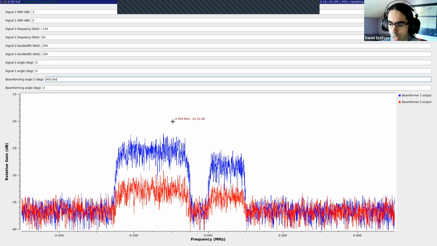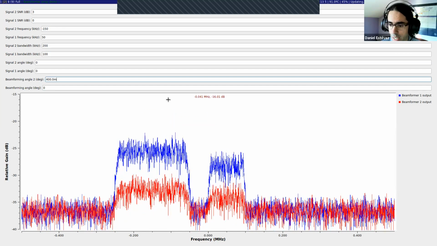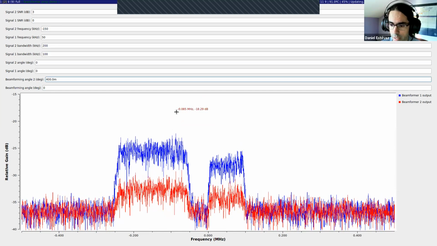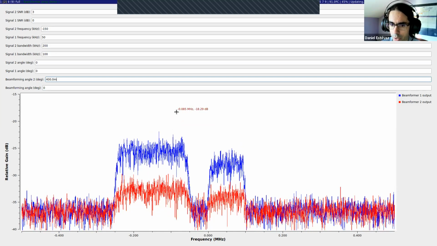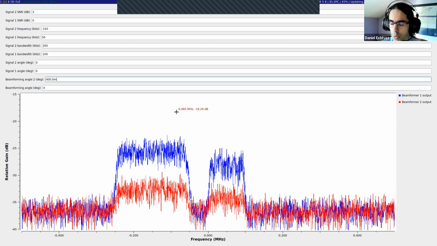So we can electronically point, or better said, digitally point in the CPU, beams wherever we want on the sky.